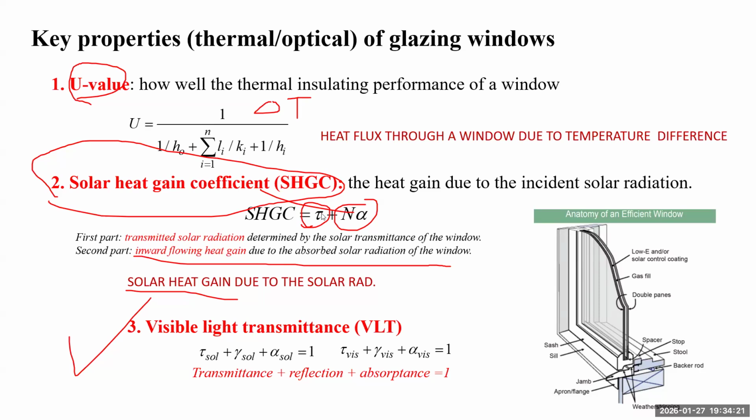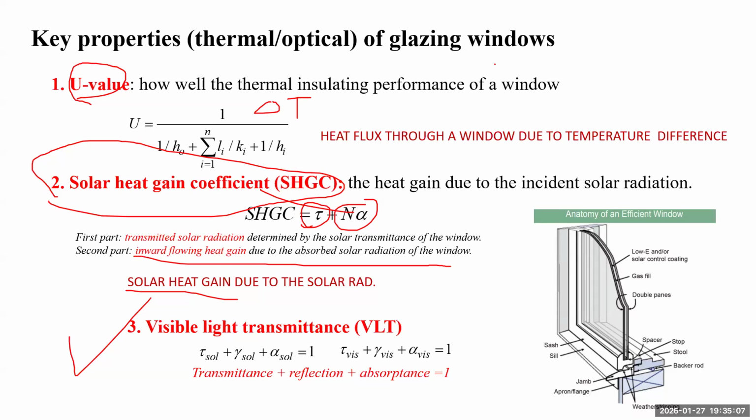This is very important for us. If we really want to understand energy efficiency for glazing windows, the most important thing is to understand these three important properties.